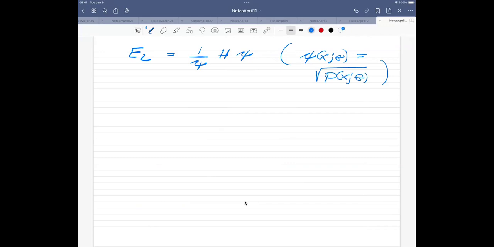Now, one of the things we know is that what we need in the optimization is to take the gradient of the expectation value of the local energy. And this is exactly what we did in project number 1.